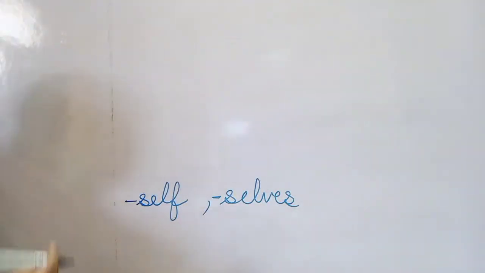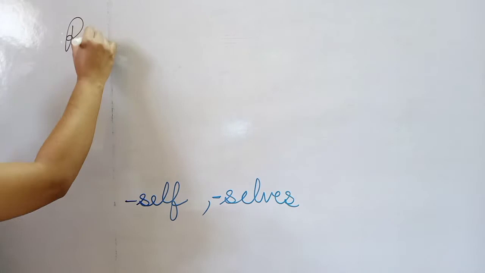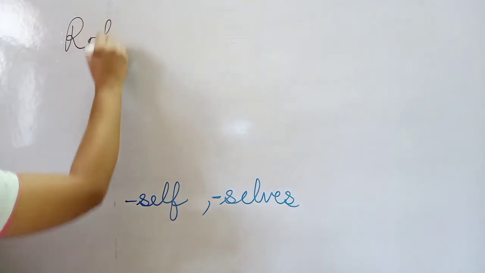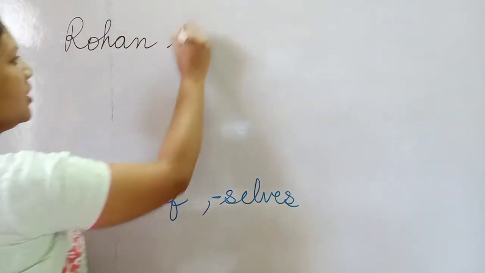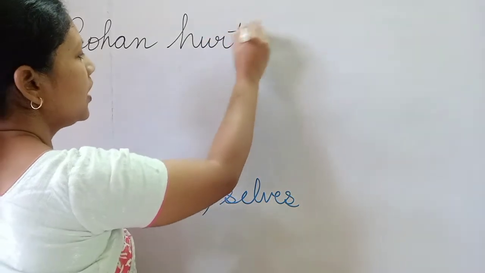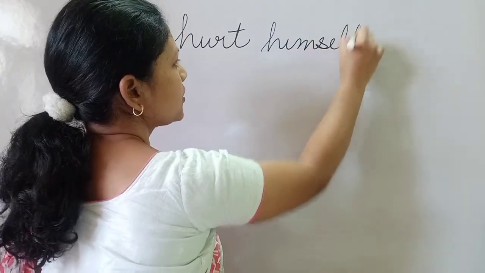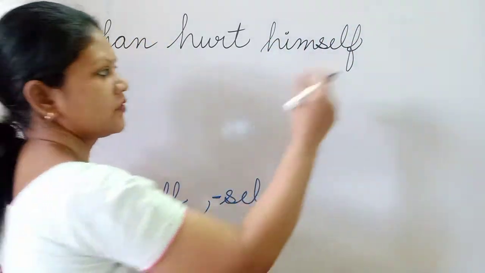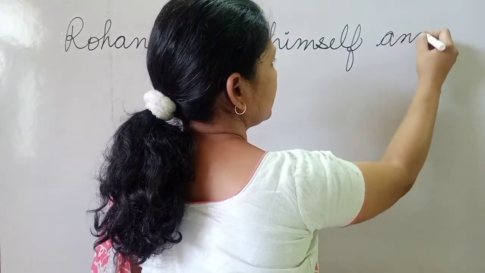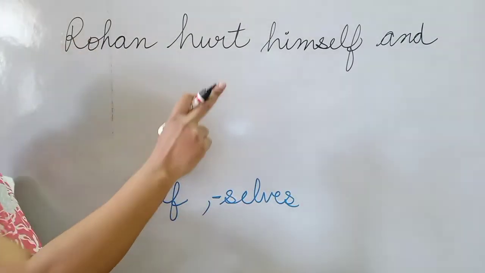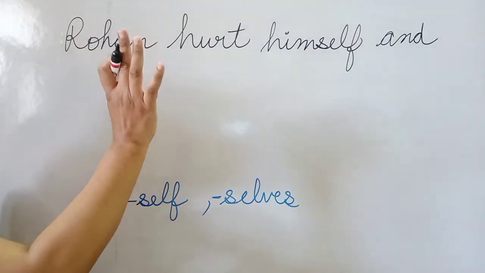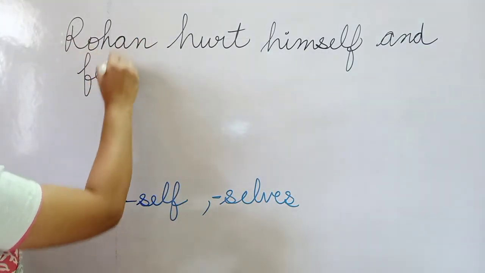Let me write some more examples here. I hope it is clear to you. Rohan hurt himself and fell down.